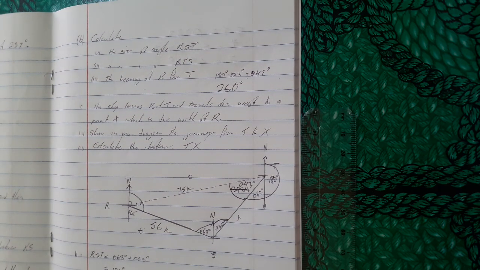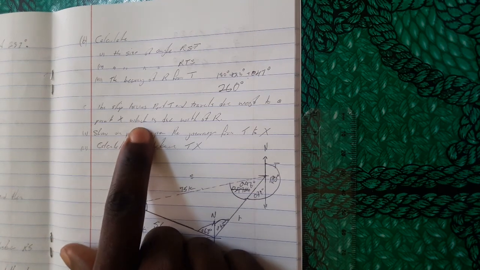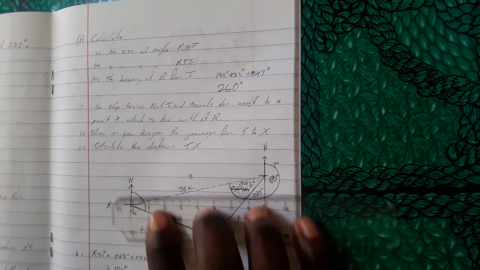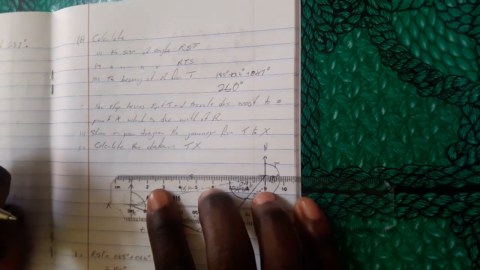The final two questions. The ship leaves port T and travels due west to a point X, which is due north of R. So the ship leaves T and goes west.